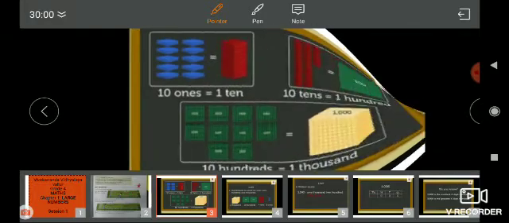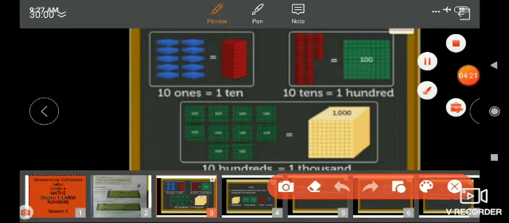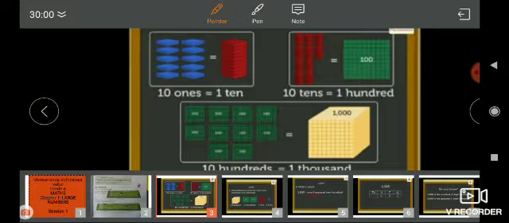Now just recap. 10 ones make how many? 10 ones make 10. 10 tens means 10 into 10, you get 100.